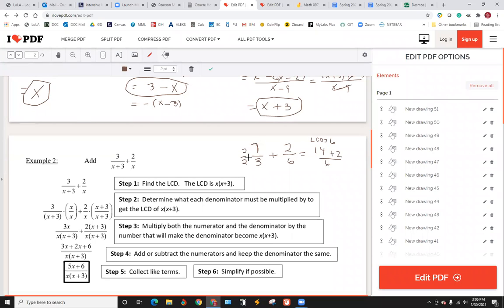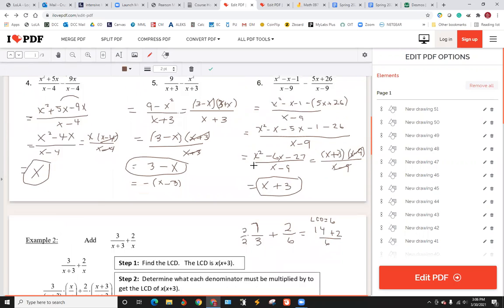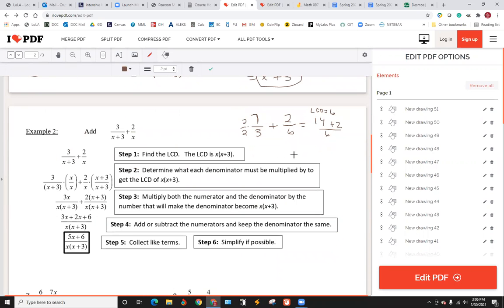Once we determine the common denominator and adjust for it, then we can do the same thing we did up here. So this is equal to 16 over 6. Anything we can do to simplify? It looks like the common factor is 2 again. So this is 8 thirds.